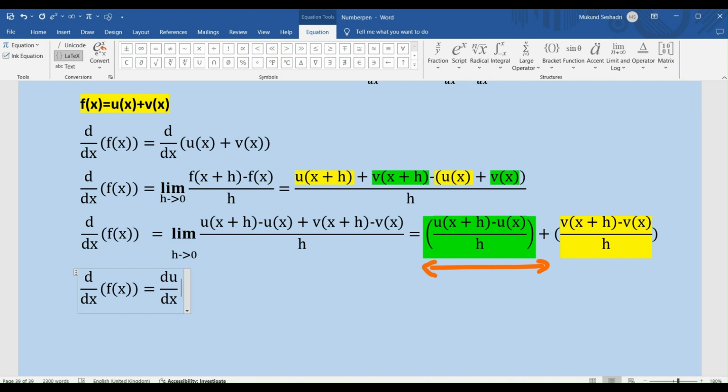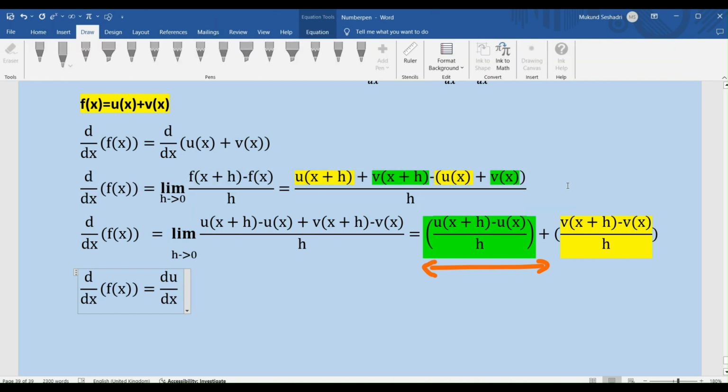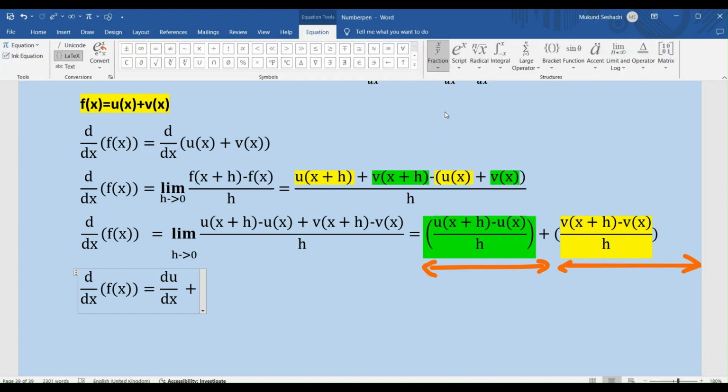And then my blue part of the term, which is again, I'm going to pull out my pen and showcase it to you folks, which is v of x plus h minus v of x divided by h, which is my v dashed of x, which is plus d by dx of v of x, which is written as dv by dx, right?